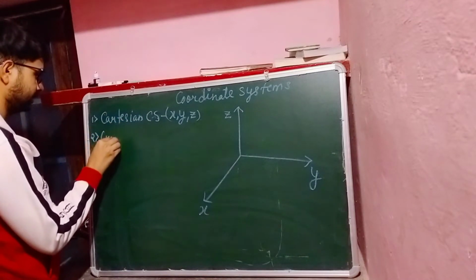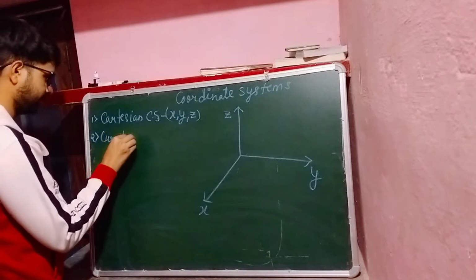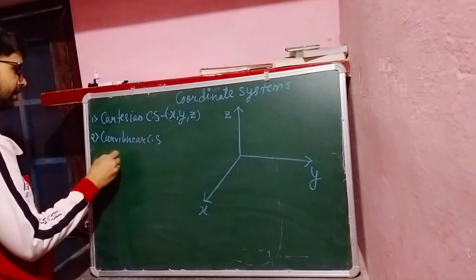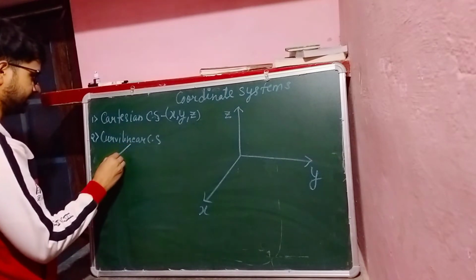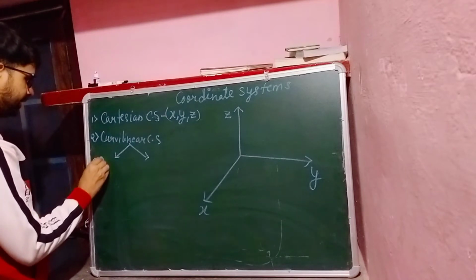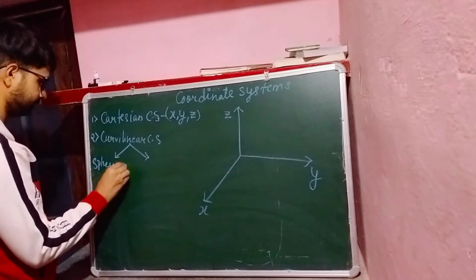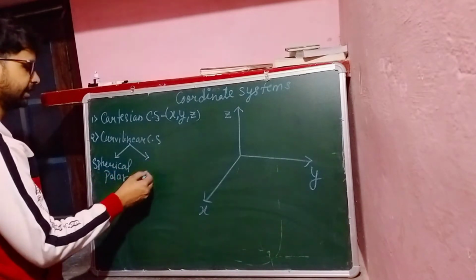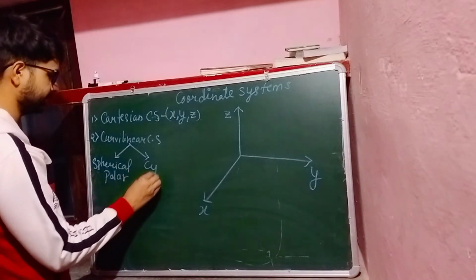curvilinear coordinate systems. In the curvilinear coordinate system, the first is spherical polar coordinates or spherical coordinate system, and the second one is the cylindrical coordinate system.